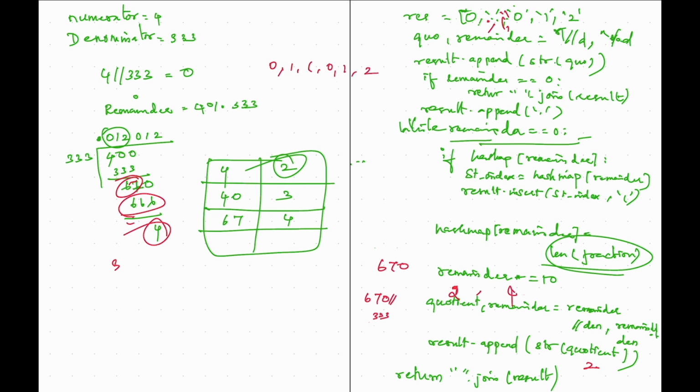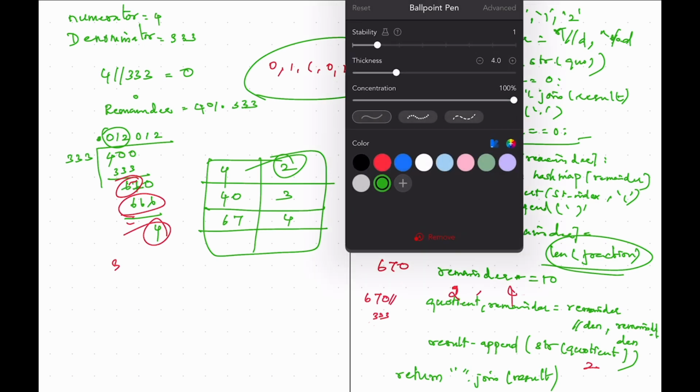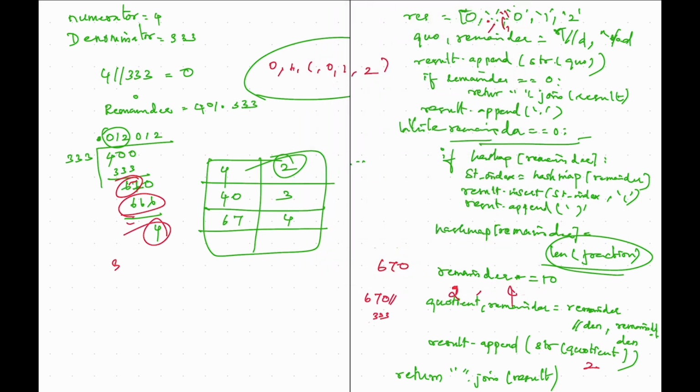Now you can append the end bracket at the end. So result dot append closing bracket. Okay, now you just convert this. This is 0 point. So if you convert, 0.012 will be the converted string. Now we have to break this loop. Okay, like this only we will be doing.